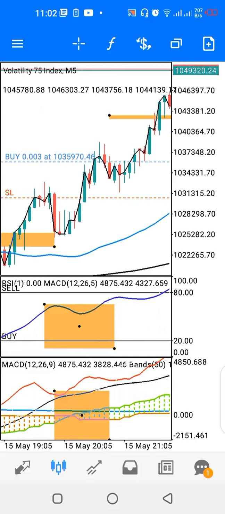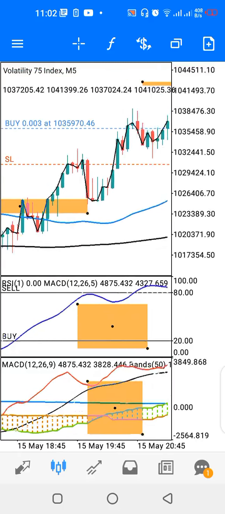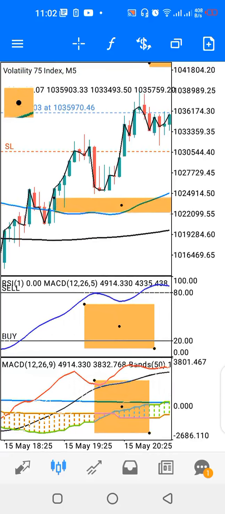Okay, so don't forget the blue moving average. Whenever it stays above the black, you are in a bullish trend. Look for buy opportunities. And when it stays below, you're in a bearish trend. Look for sell opportunities.